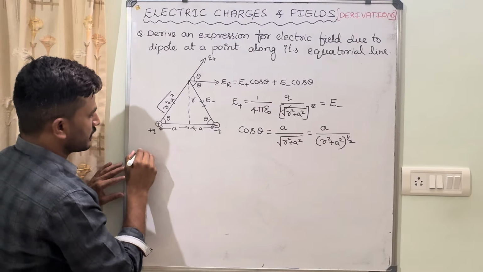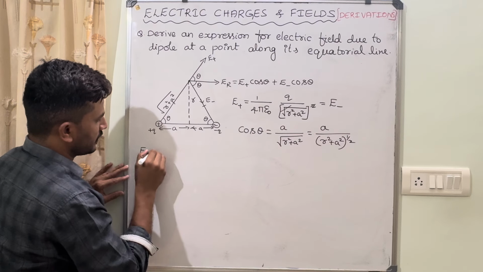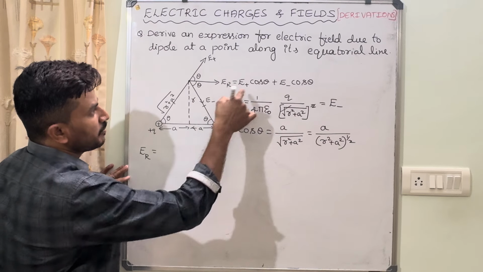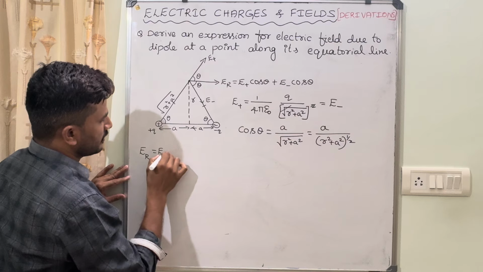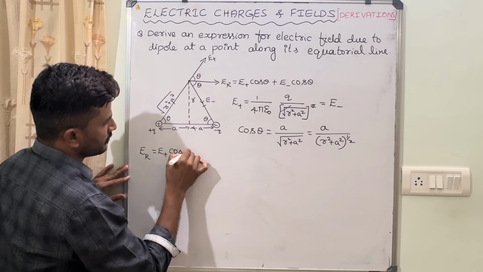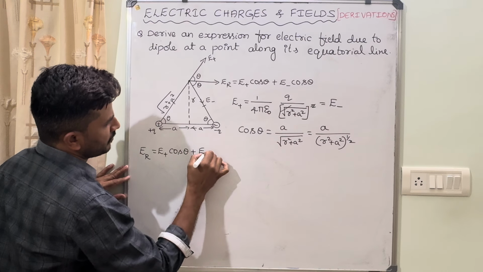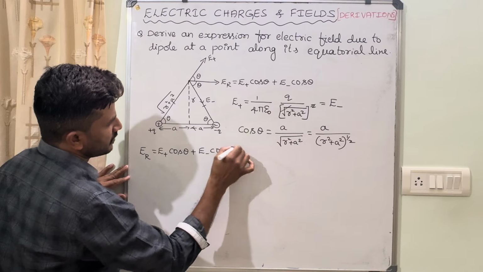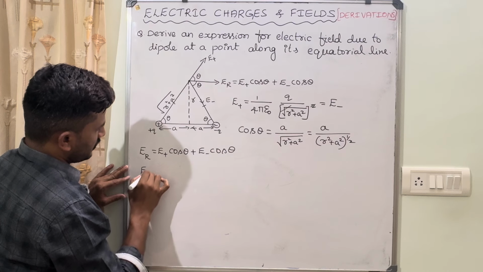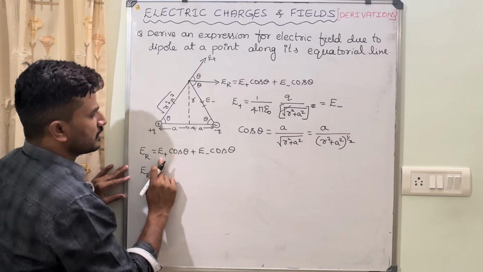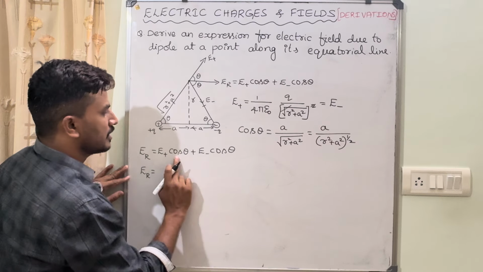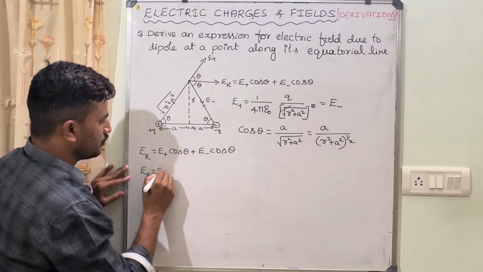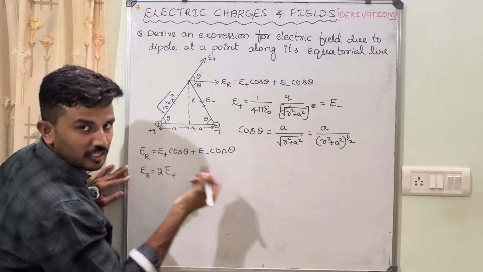Now the total resultant electric field E resultant is equal to E plus cos theta plus E minus cos theta. Since E plus is equal to E minus, and cos theta is equal to cos theta, can I write 2 times E plus or E minus cos theta?